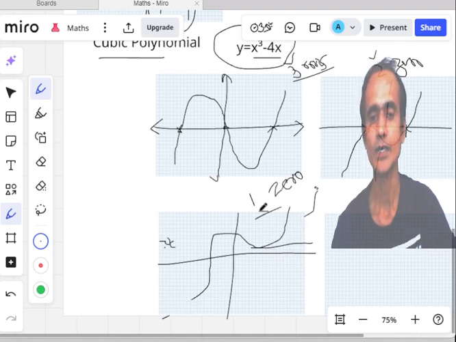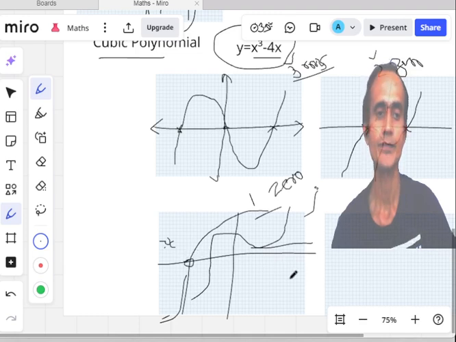So the graph will at least intersect x-axis at one point. Then only it is possible that the curve travels from negative infinity to positive infinity. So the cubic equation or cubic polynomial has at least one zero.